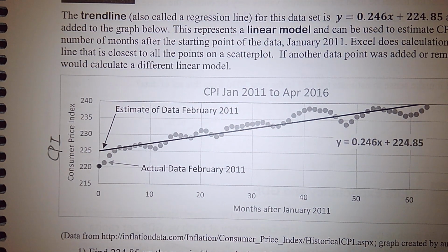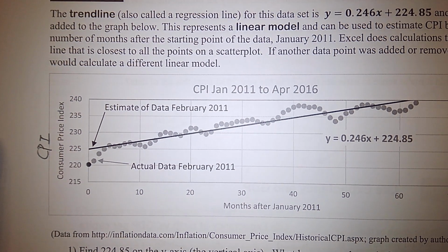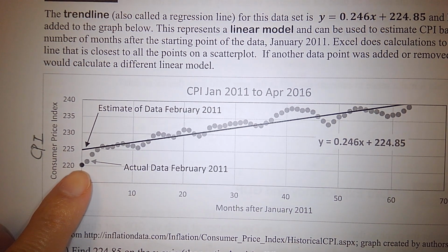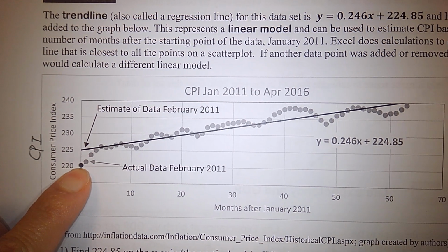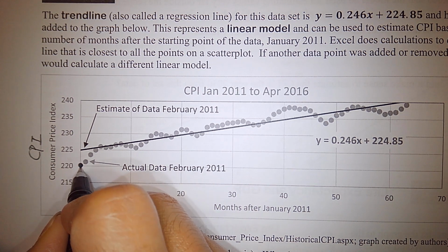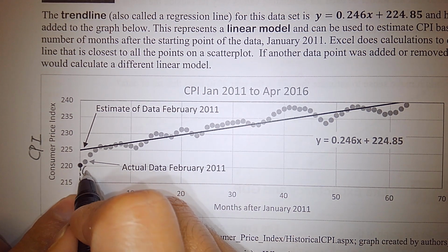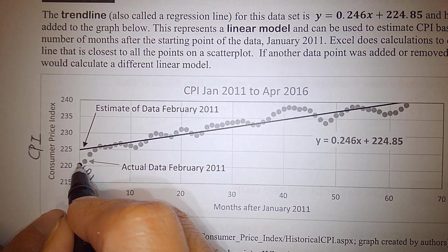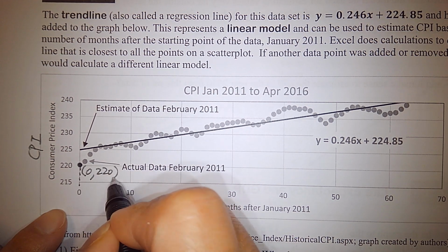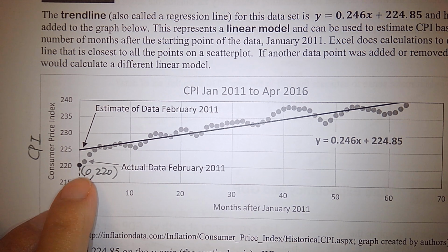Now I'm asking you, this first dot tells us what? It has an x coordinate, what is it? 0. It has a y coordinate, what is that? 220. What does this point, 0, 220, tell us?